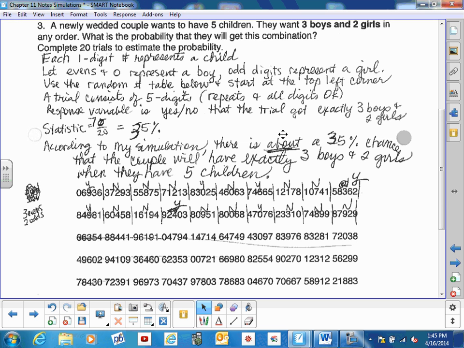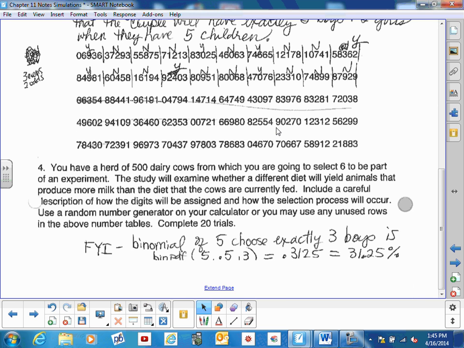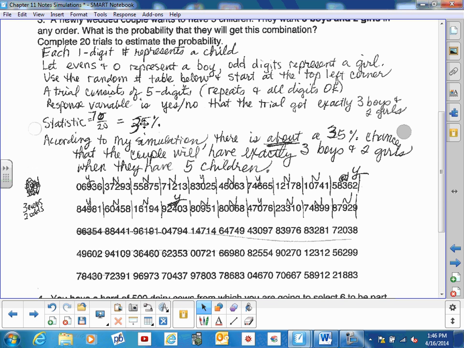What's the probability of getting exactly 3 boys out of 5 children? So that would look like binomial PDF of 5, 0.5, 3, and that's 31.25%. So again, very close to what happened in our simulation.